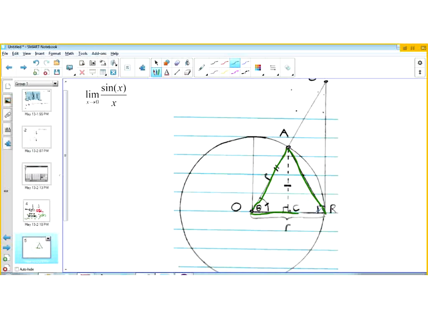Now, triangle OAR, of course, is an isosceles triangle. An isosceles triangle is a triangle that has the lengths of at least two of its sides the same length. So in this case, the length of this leg of triangle OAR is R, and the length of the leg OR is R. And also, you see this angle right here, angle theta that I'm highlighting.